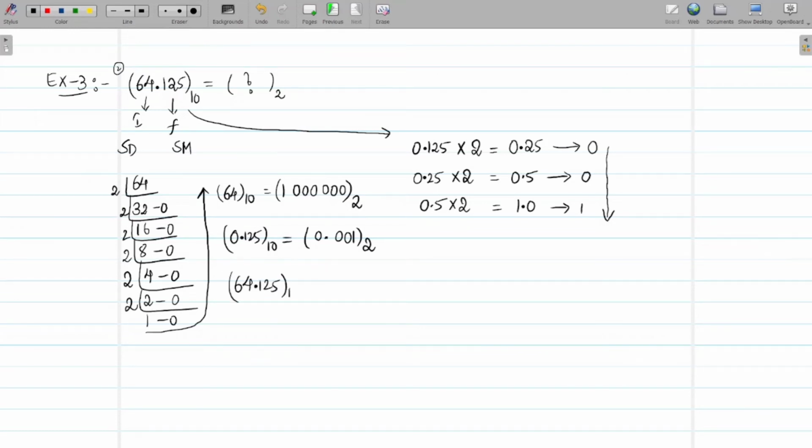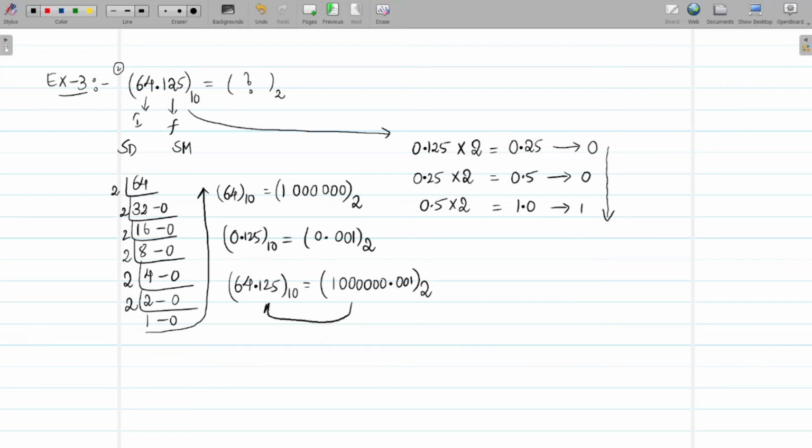64.125 with base 10 is the same as 1 followed by 6 zeros in the integral part, followed by .001. You can verify your answer. How can we verify?